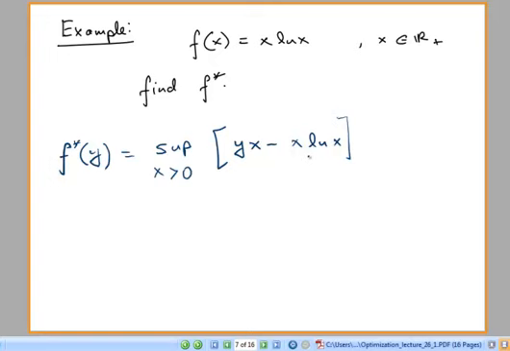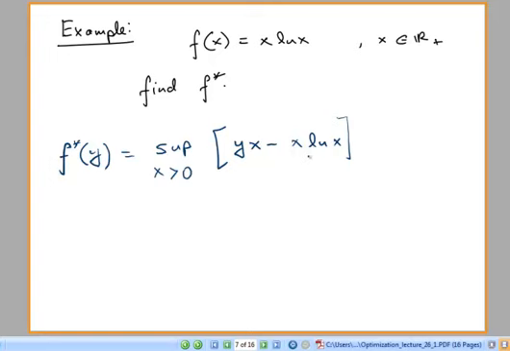Alright? So what do we have here? Now forget the left hand side f star of y. Just keep your focus on some fixed particular y, and we are finding the supremum of this function.